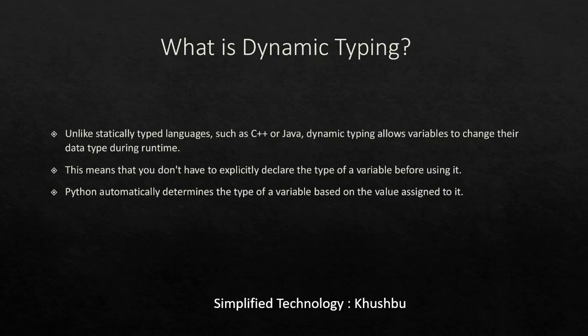But in dynamically typed languages, the data type of a variable can be changed while the program is running. This means that you don't have to explicitly declare the type of a variable before using it. Python automatically determines the type of a variable based on the value assigned to it.